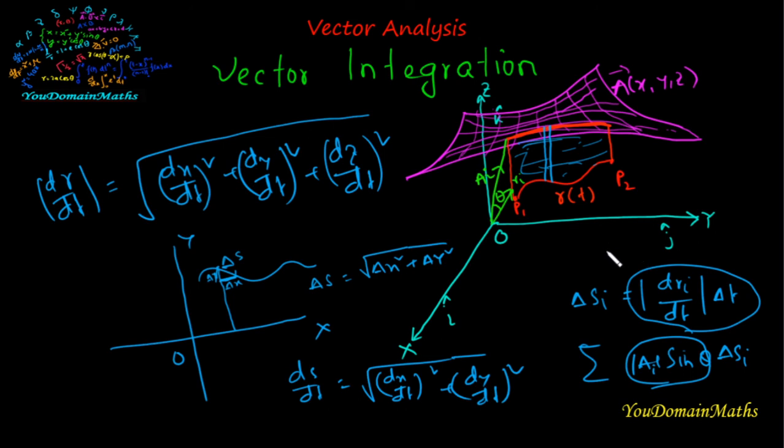If we see an example, the line integral represents the area of a fence. That means some sticks are put on this line and these sticks touch the surface and are cut by this surface.